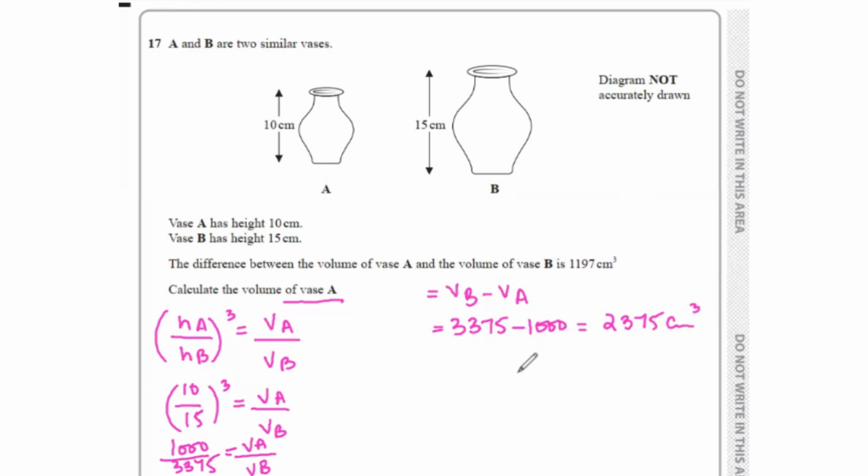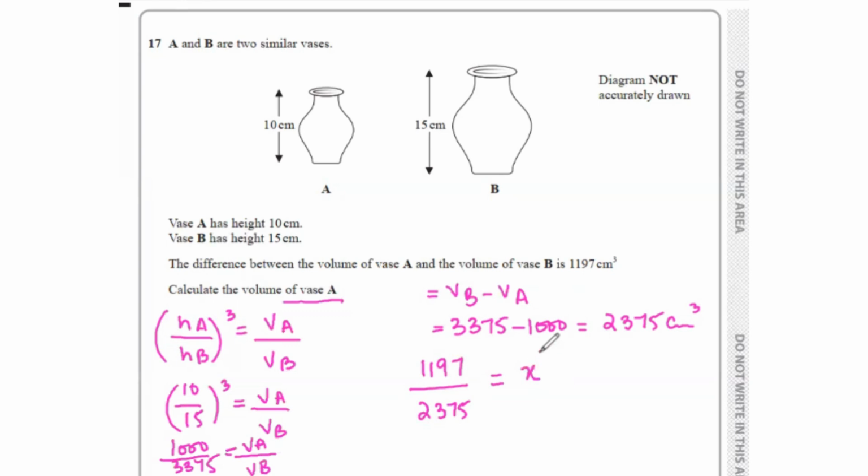So since we're talking about the differences, we know that the actual difference is given as 1,197, and the difference that we found is 2,375. We want the volume of vase A for this one, the 1,197 one.